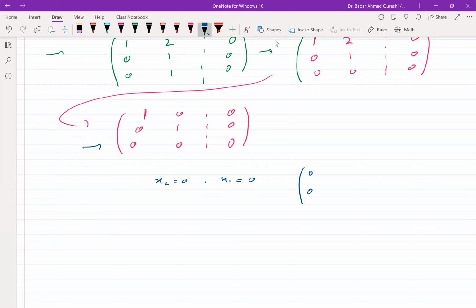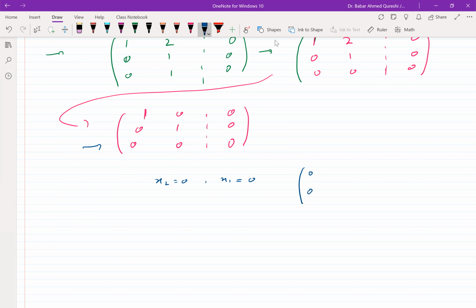All vectors of this form will solve the homogeneous equation Ax is equal to 0. And A is a 2 by 3 matrix, so x is a 3-column vector, and I'm saying that it will take this form.